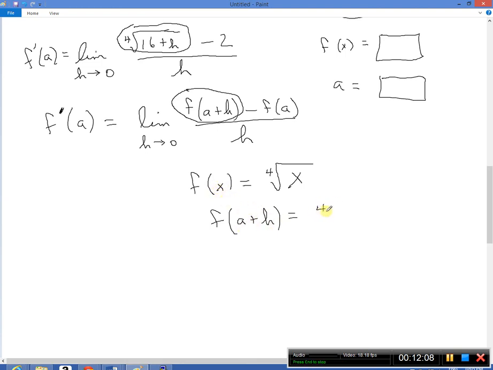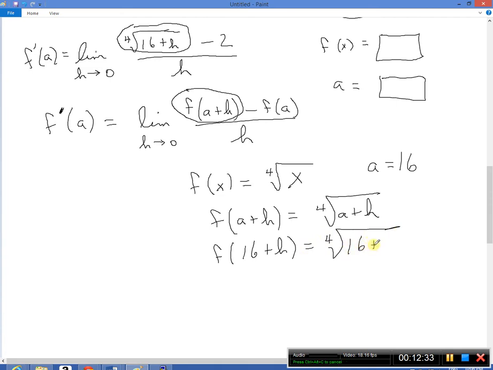So this would be the fourth root of a plus h, which is almost exactly the same as that, except that there's an a here and a 16 up there. So would that mean that maybe a is 16? Would that work?